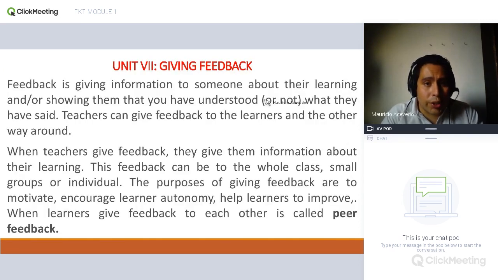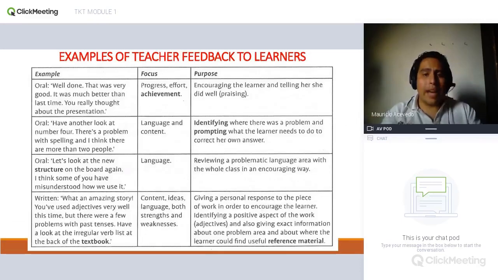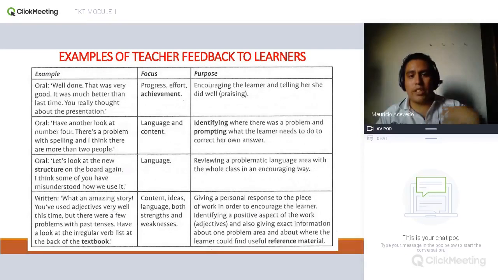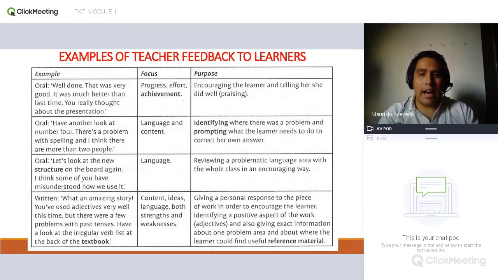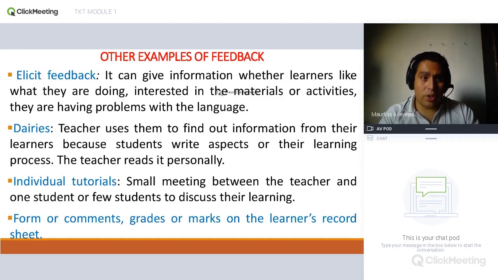Remember, these are for concluding. We just want to realize if our students really learn something. We have different examples according to different purposes, which is encouraging, giving extra work, etc., or just to correct and so on.